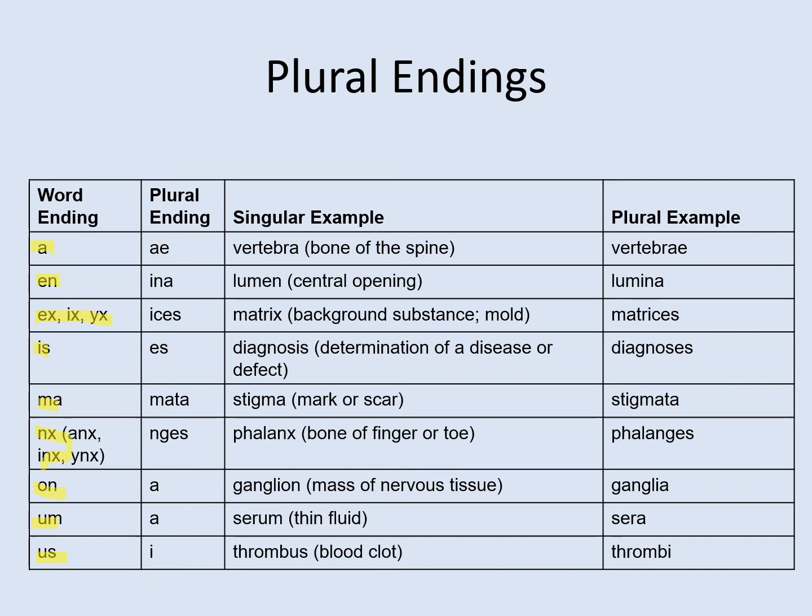And the plural ending would be vertebrae of vertebra, lumen, lumina is plural, matrix, matrices is plural, es, diagnoses, and on through the rest down to thrombus is one blood clot. Thrombi would be several clots. And phalanx, this one you'll see, is a bone of either the finger or the toe, and phalanges is the plural of phalanx.